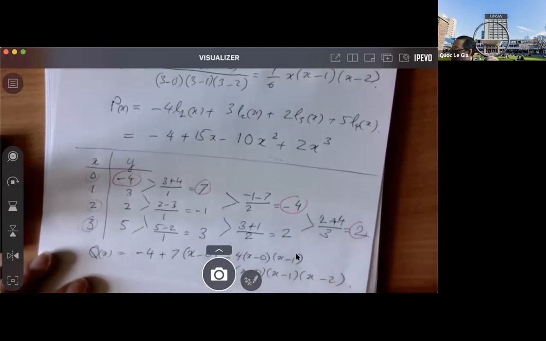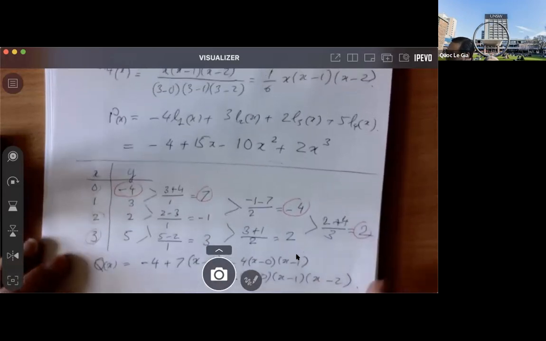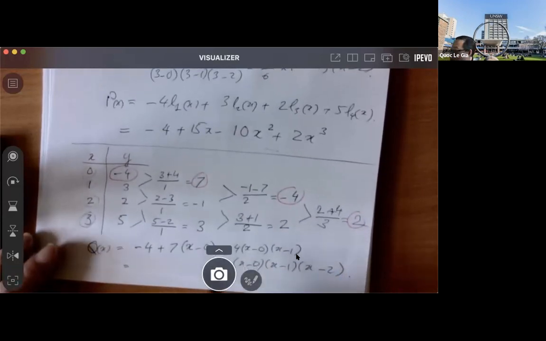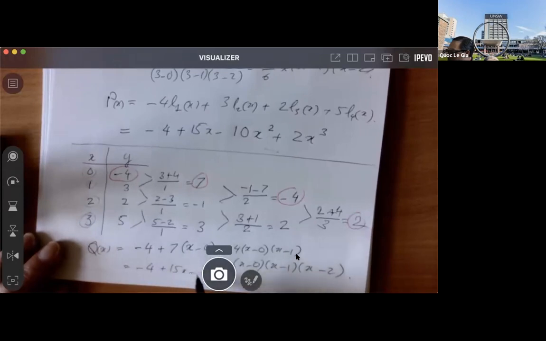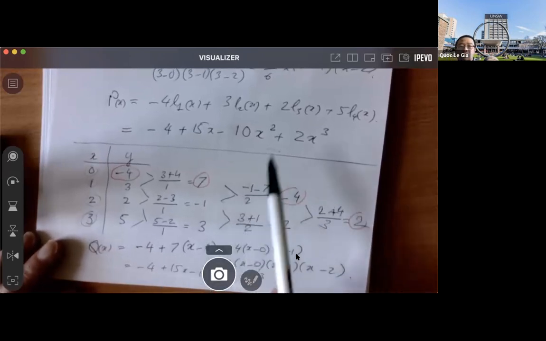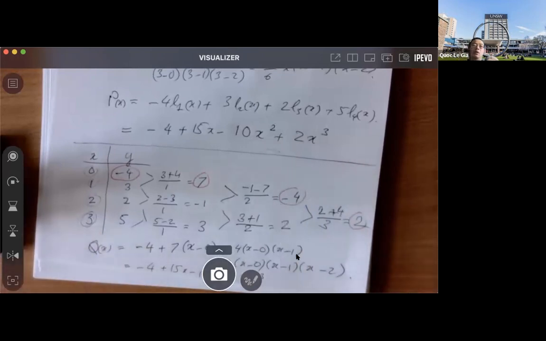And then again, if you have time, you can expand this into minus 4 plus 15x minus 10x squared plus 2x cubed. It's identical to the expansion of the Lagrange form, so it shows you the interpolation polynomial is unique.